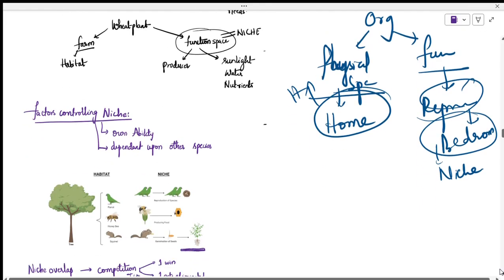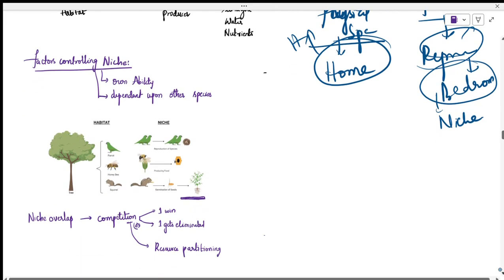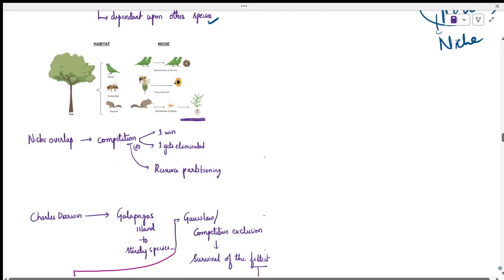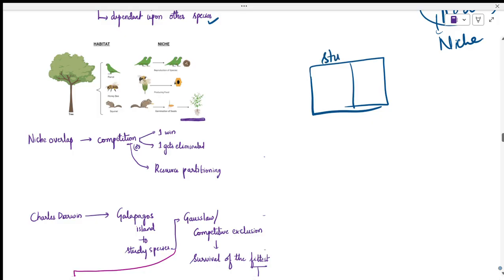Then factors controlling niche. One is our own ability, and it is also dependent upon other species. Okay. So what happens if there is an overlap, and what happens if my brother and I are fighting for the same study room? There is only one study room in my home.